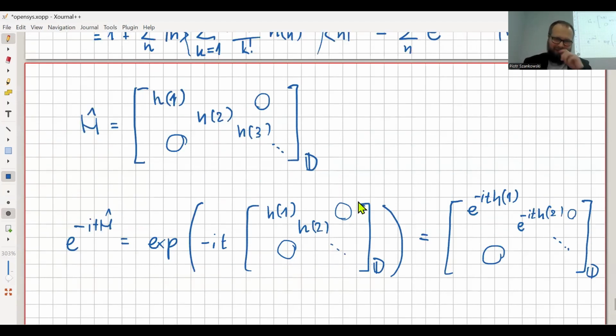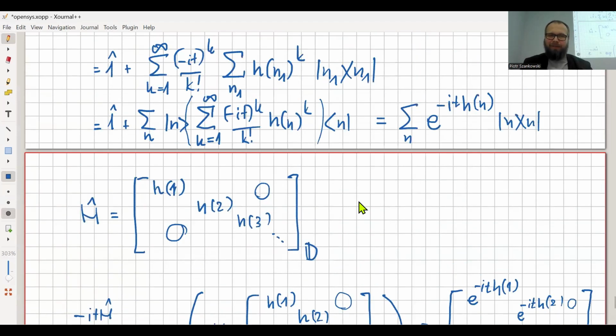And this kind of trick or computation works for any analytical function of an operator.